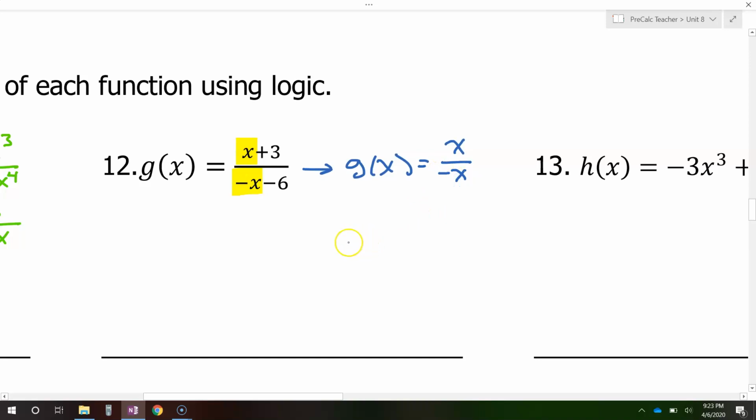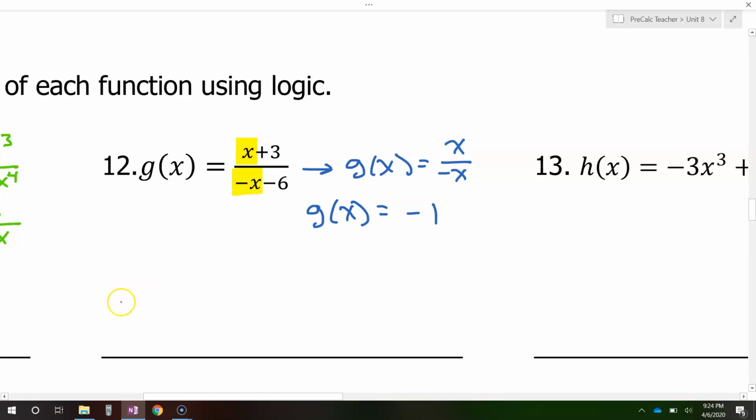But x over negative x is just -1. So that should be the end behavior, regardless of whether we're approaching positive or negative infinity.